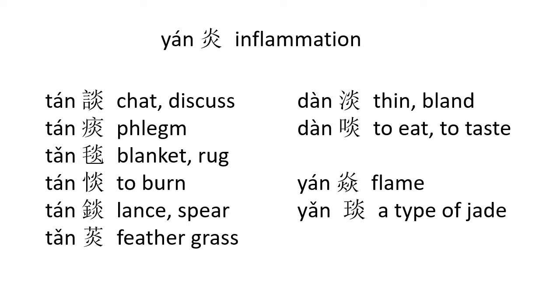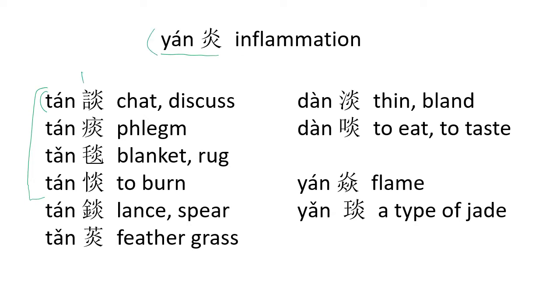Here are some examples. So the phonetic is yan, which means inflammation. Not all phonetics have a meaning on their own, but quite a lot of them do. So here you can see that this yan, inflammation, with different radicals, has lots of different meanings and slightly different pronunciations. We can have tan, which sounds exactly the same, except it's got a t instead of a y in front.